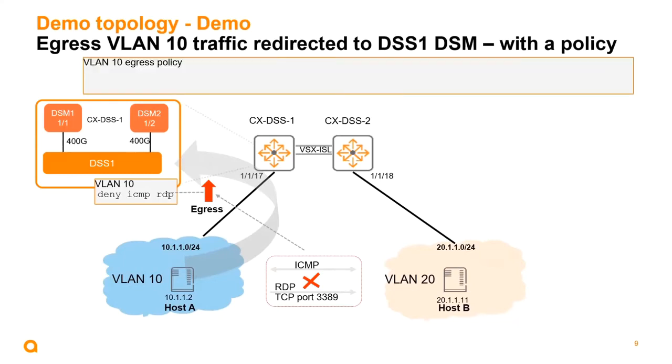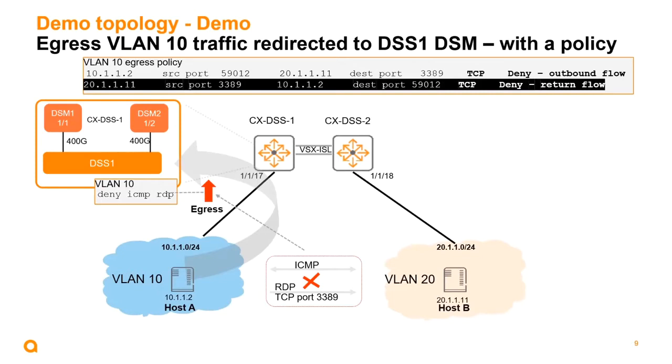We'll have an egress policy, and the source port is going to be random, of course, from the host, but the destination port for the TCP RDP connection is going to be 3389.